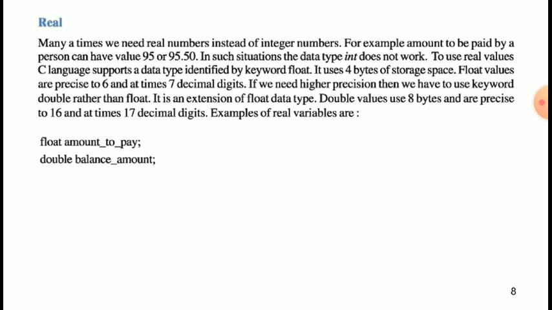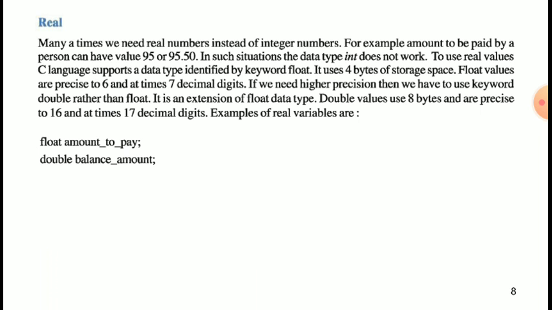Next is the real data type. The int data type is used to store whole numbers. To store a real number, the C language supports the floating point data type.